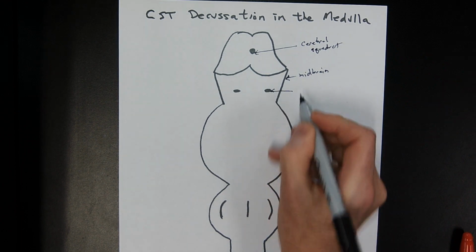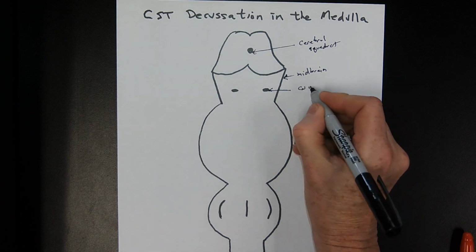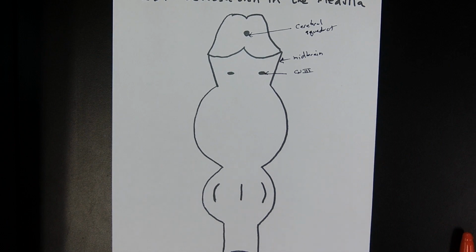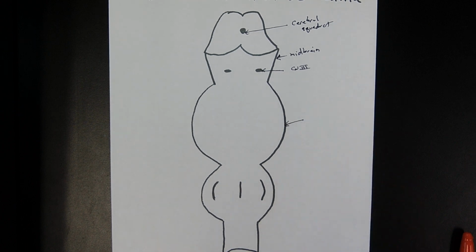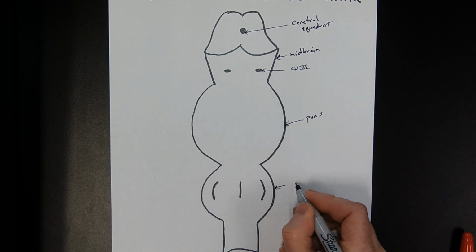It's a cranial nerve in the midbrain, cranial nerve number 3, the oculomotor. The middle portion of the brainstem, what's that called? Pons. And then this down here is your medulla.